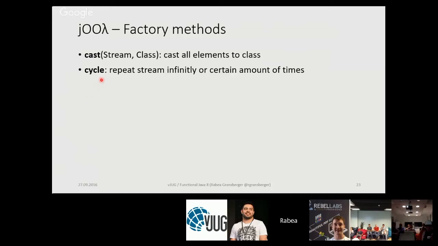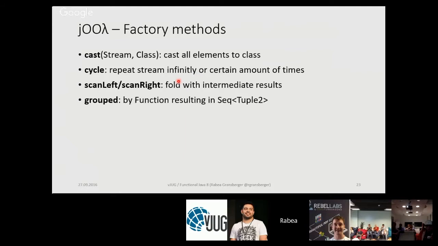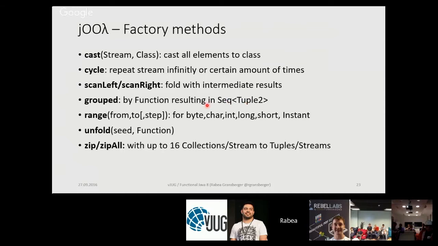For example, we have a cycle method here, which repeats the stream we pass in or the values we pass in indefinitely. And we also have a scanLeft and scanRight, which is a fold with intermediate results. We have a grouped, which doesn't produce a map, but a Tuple2, which can also be seen as a map, and some other methods. And we also have a zip method as well, which can zip a lot of collections just in one go with a factory method.